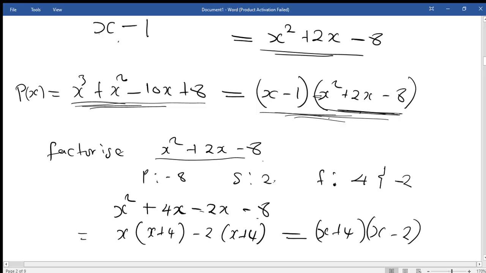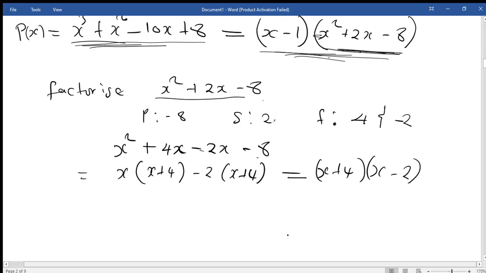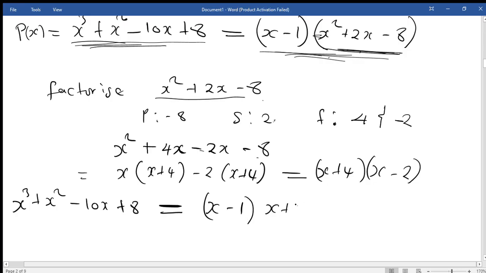So by the end of it all, what are we going to have? The polynomial x power 3 plus x squared minus 10x plus 8 will now be equal to the factors x minus 1, which was the first factor, and the other two factors, x plus 4 and x minus 2.